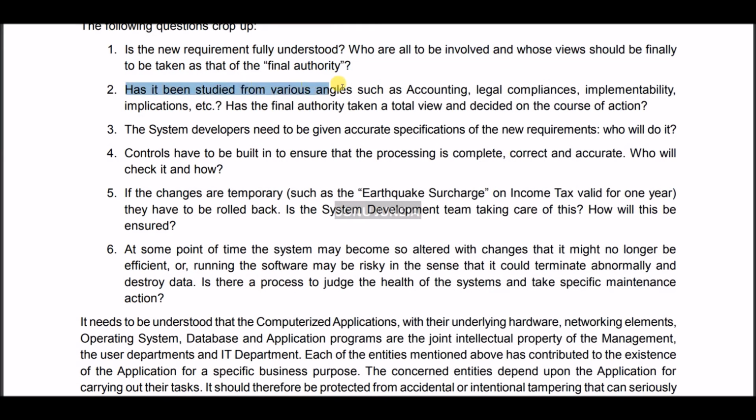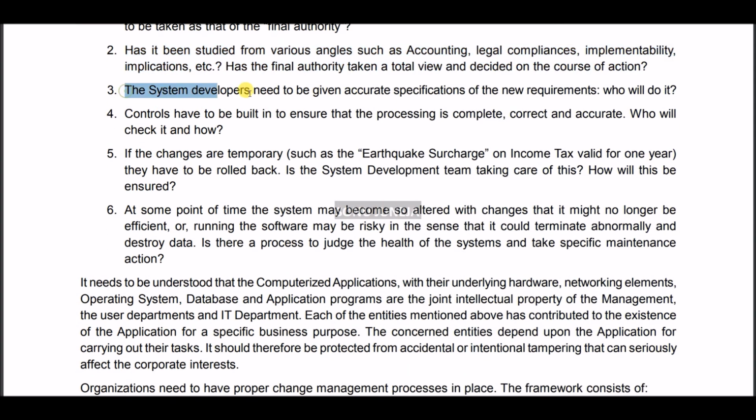Has it been studied from various angles such as accounting, legal, implementability, implications, etc.? Has the final authority taken a total view and decided on the course of action? The system developers need to be given an accurate specification of the new requirement. Who will do it? Controls have to be built to ensure that the processing is complete, correct, and accurate. Who will check it and how?